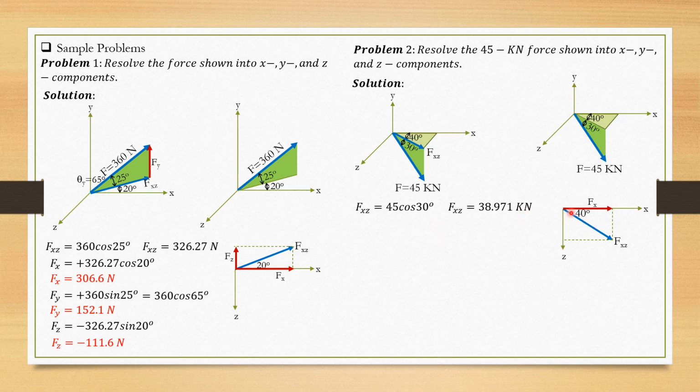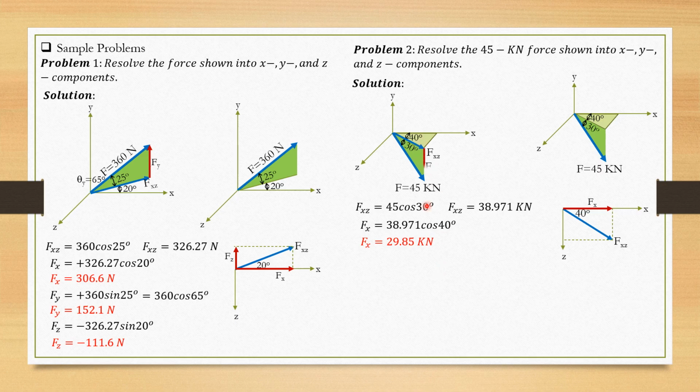So having found Fxz, which is the hypotenuse of this right triangle here, then Fx is going to the right, going to the positive x-axis, so it is positive. So Fx is 38.971 cosine of 40. So Fx is positive 29.85 kilonewtons.